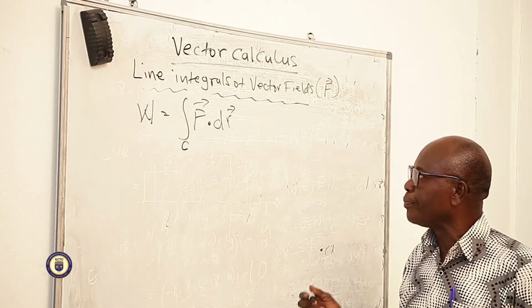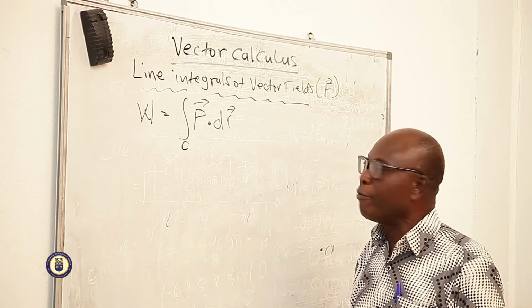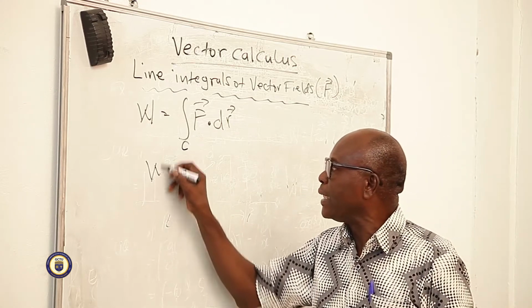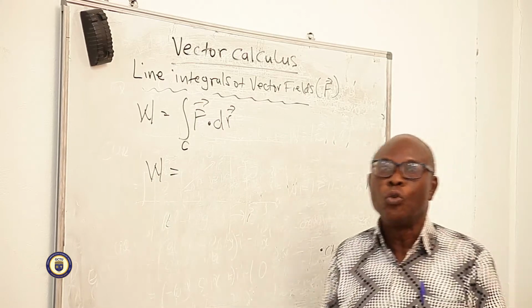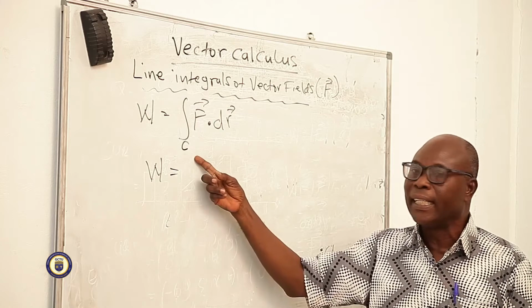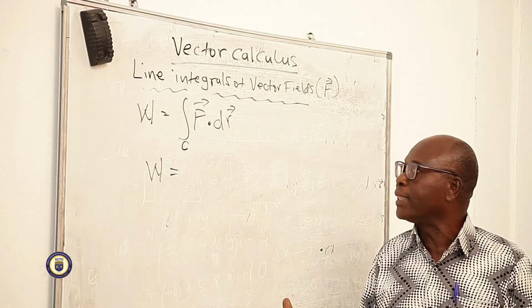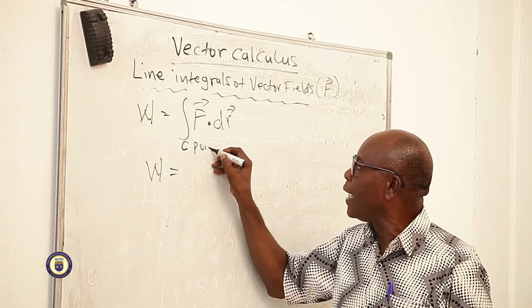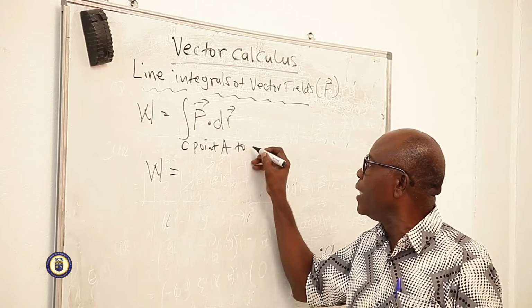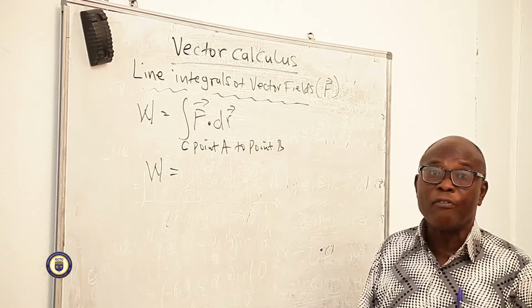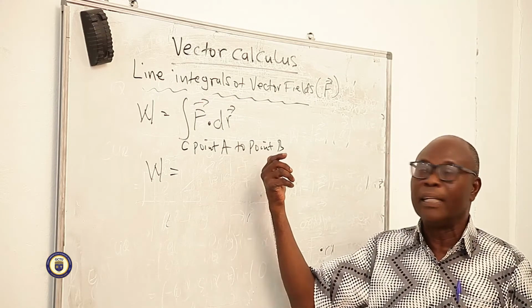And so we can have a situation where, if we decide to find the work done for the opposite of C, if now the object moves from, let's say, point A to point B, we can also reverse the path.